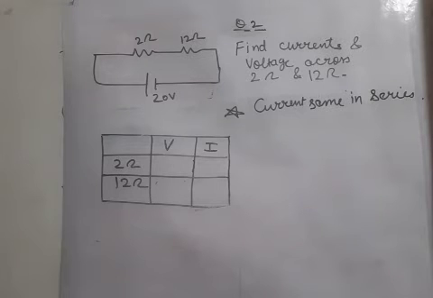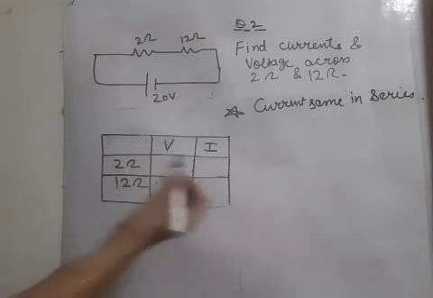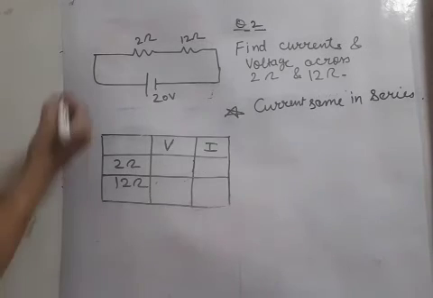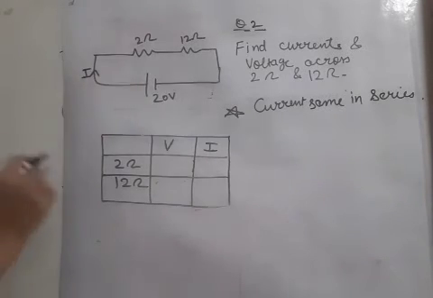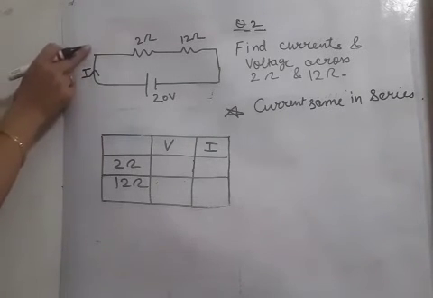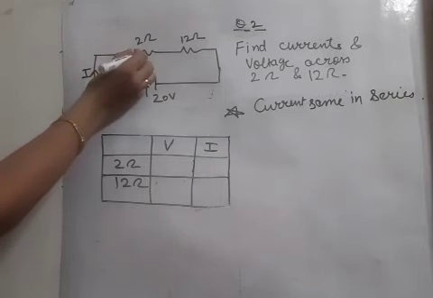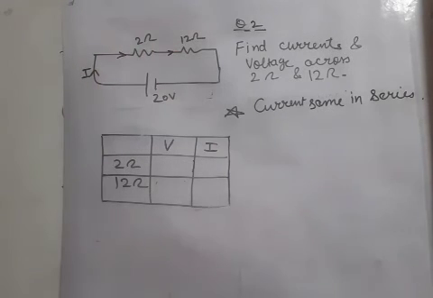The series property says that current remains the same in series. That means whatever current flows through the battery, that same current goes in the first resistor and the same goes in the second resistor. So we have to start the solution with the current calculation.